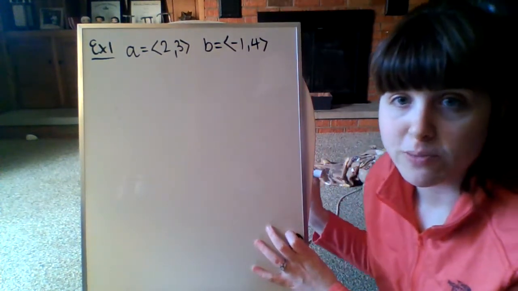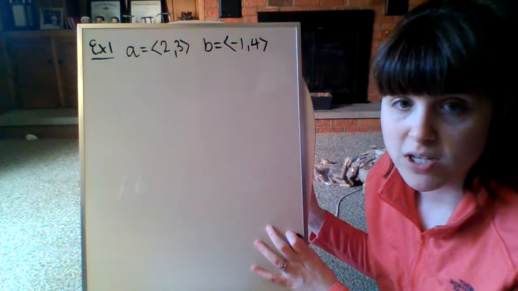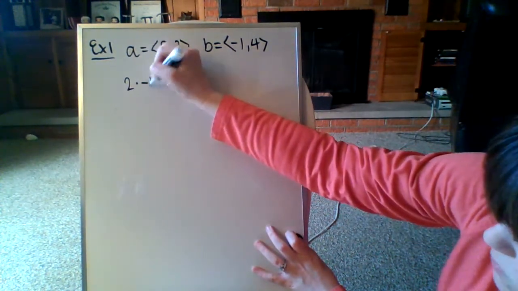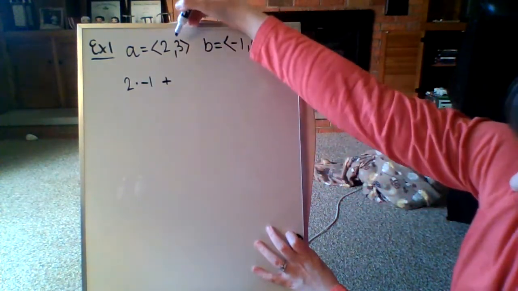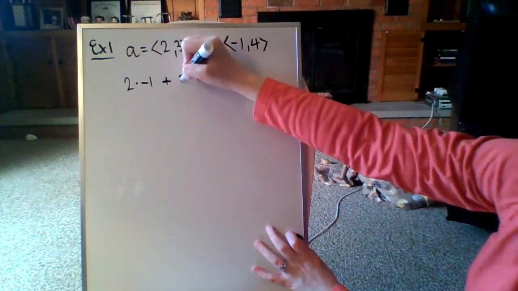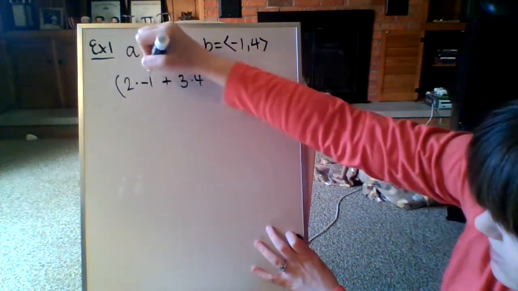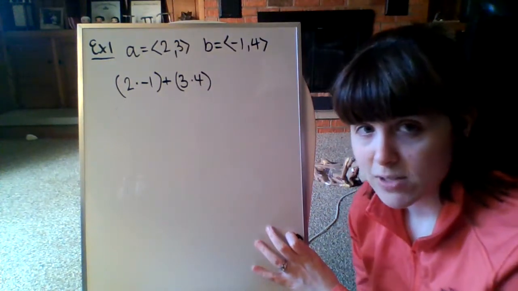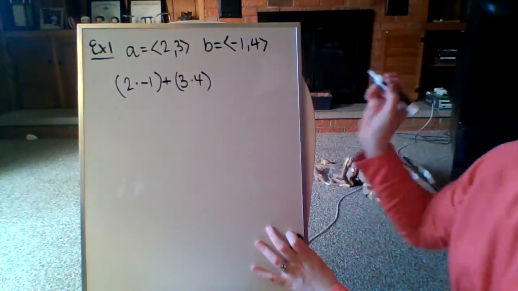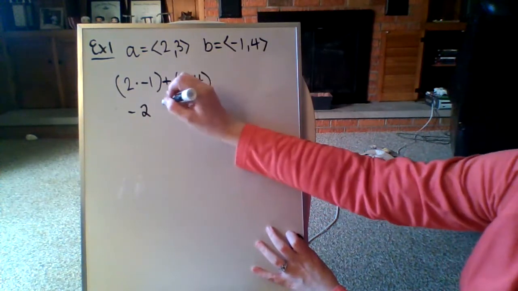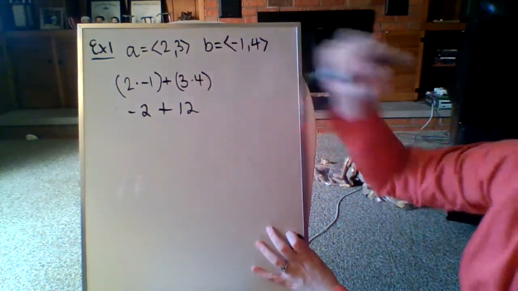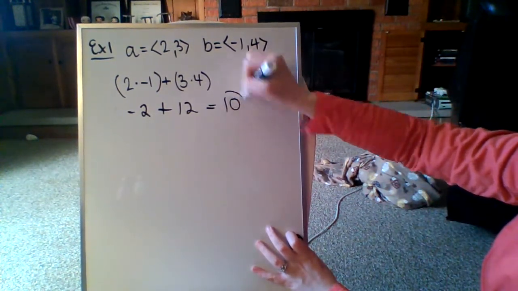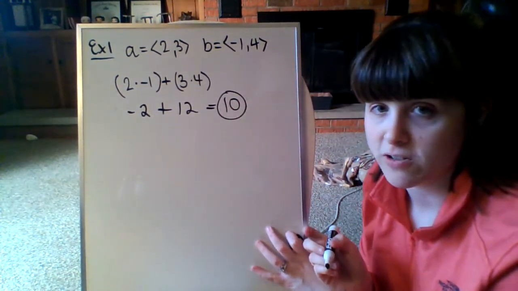We start by multiplying the first components, 2 times -1, plus the second components, 3 times 4. Multiply, and then add them together. This part is -2, and this part is 12, and -2 plus 12 is 10. So the dot product of those two vectors is 10.